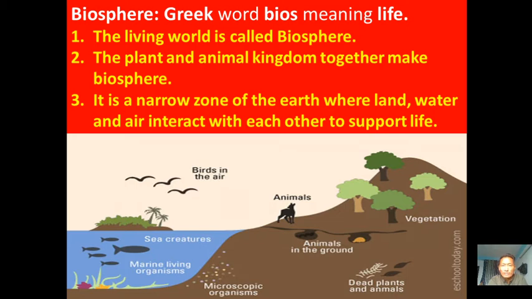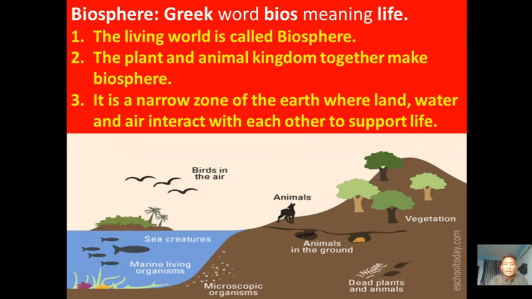Where there is a living organism on this planet, even in the oceans, the sea, on the land, inside the forest, it is included in the biosphere. So biosphere consists of both plants and animals.